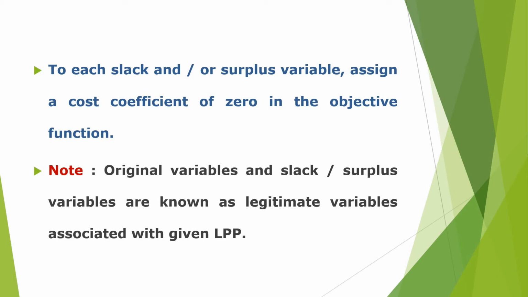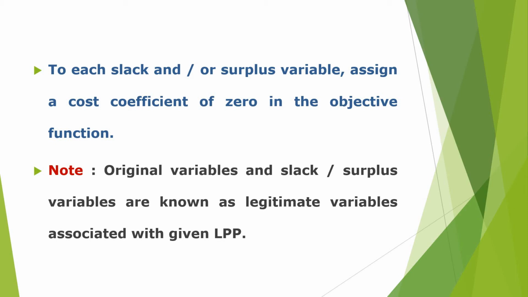To each slack and/or surplus variable, assign a cost coefficient of 0 in the objective function. This means when you add a slack variable or surplus variable in inequality constraints, you will get equations or equalities, but that should also get reflected in the objective function, with cost coefficient 0.